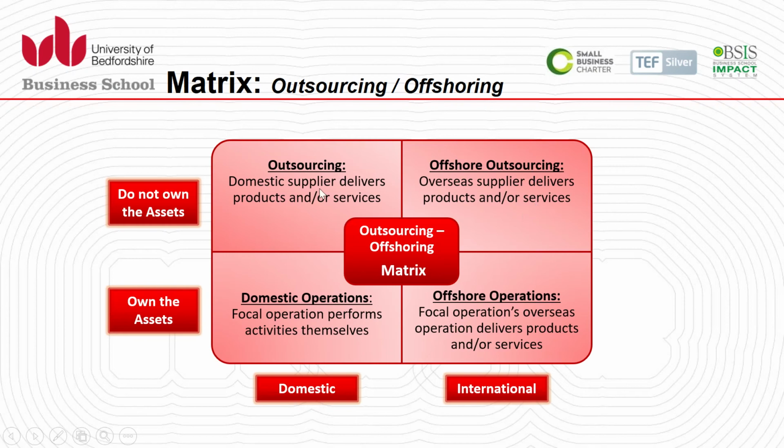So from domestic operation to outsourcing to offshore operation to offshore outsourcing are the 4 possible combinations in this matrix, where the organizations can get the contract to let the third party provide certain product or services. It can be within the country, domestic, local, or overseas in other part of the world.